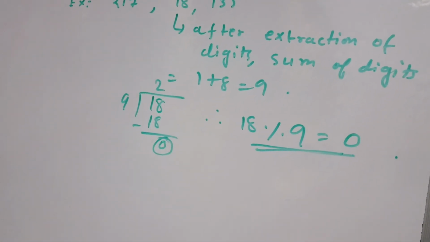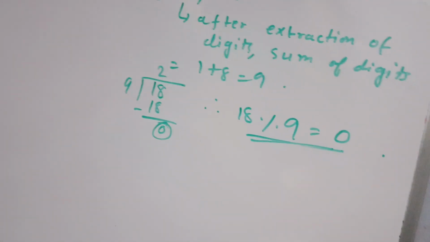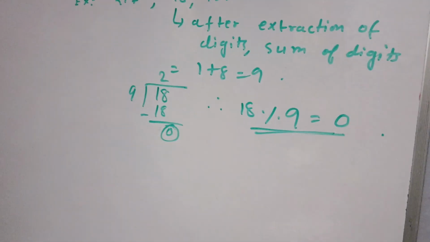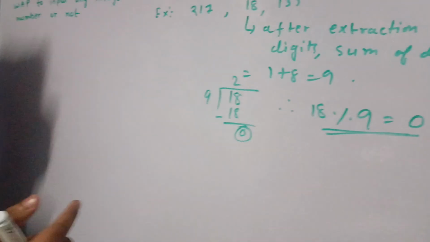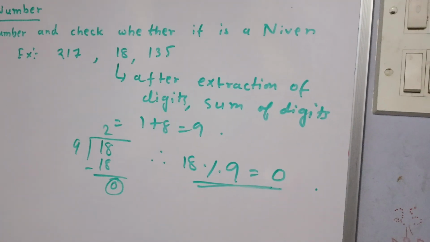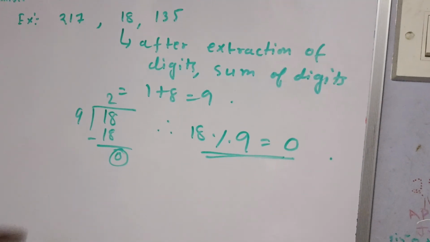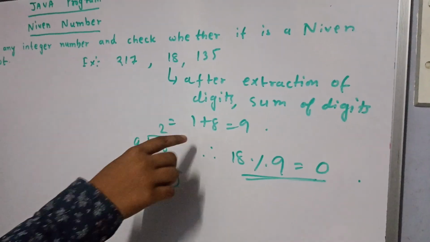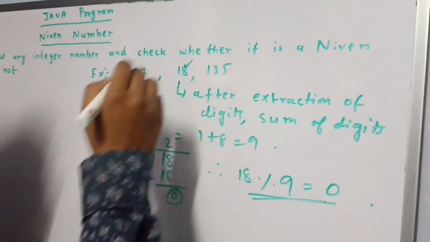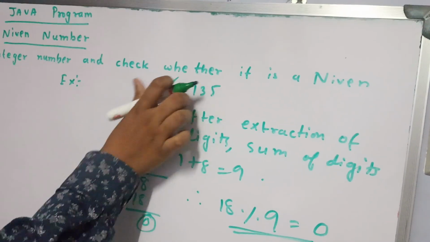So you can say the number is divisible by the sum of its digits. So this is a Niven number, but 217 is not.